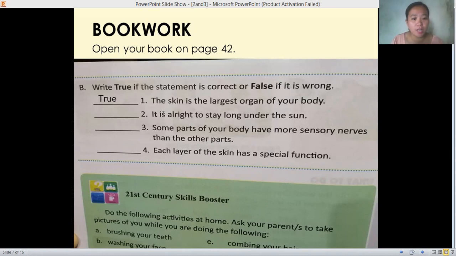Now let's go to number 2. It is all right to stay long under the sun. Again, I will repeat number 2. It is all right to stay long under the sun. Is it true or false? Please write your answer.